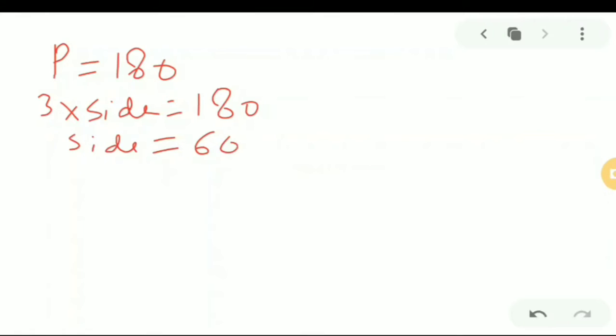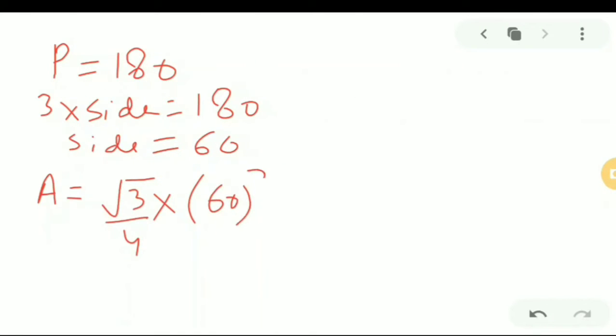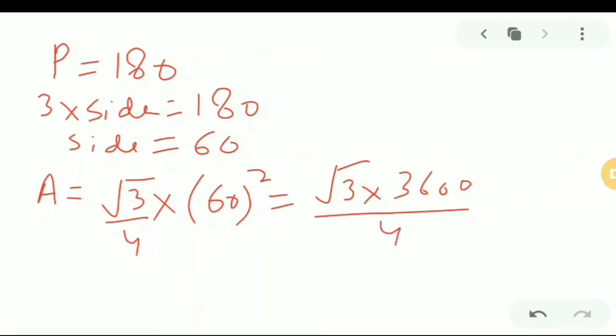Now we have derived the formula for area, that is root 3 upon 4 into side square. Side square means 60 square. So it will come root 3 into 3600 upon 4, which is 900 root 3 centimeter square. This way we can find the area of this equilateral triangle.